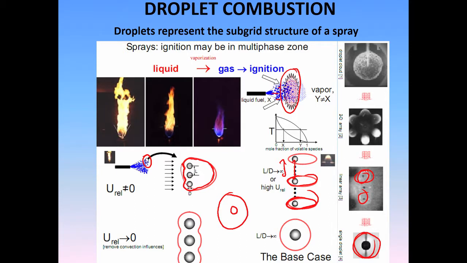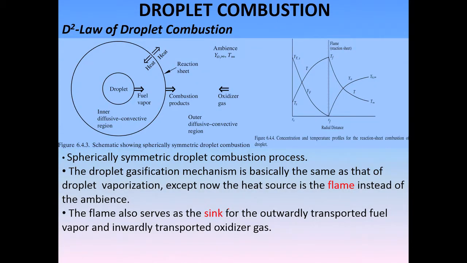So, droplet combustion basically means that there is a droplet and then there is a flame. If you look at this particular graph, this will be very clear. We will first do the D-square law corresponding to droplet combustion. What you see here is a nice and round droplet, and a flame front which sits around it.